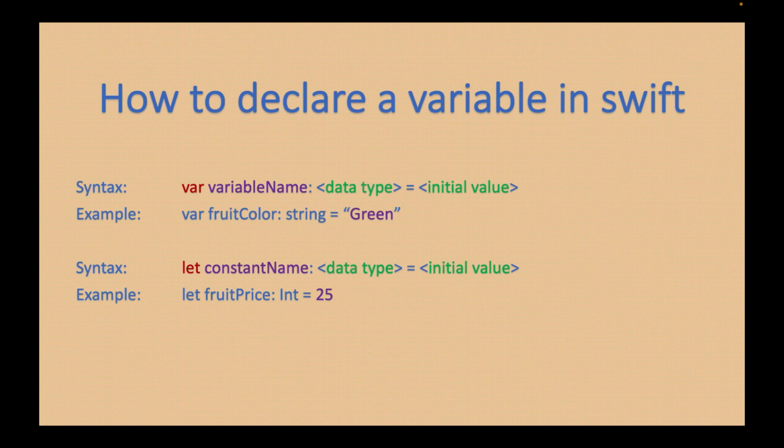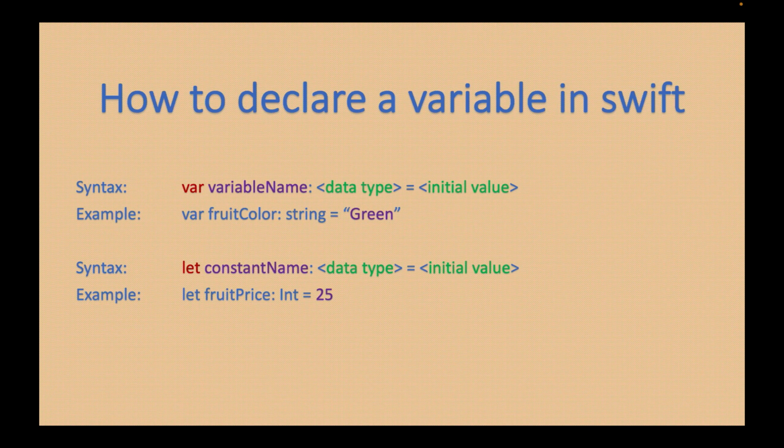Next is the data type separated by a colon, and then we have an equal to operator, and rightmost is its initial value. For example, if we want to declare a string variable named fruit color, then go this way: var fruitColor colon data type is String equal to operator and its initial value is green.